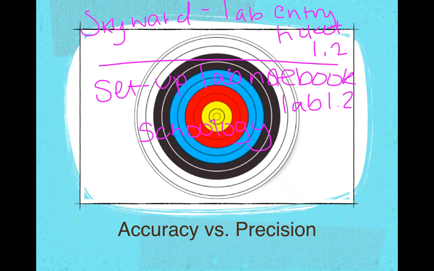And make sure to remember that you can use your lab to help you with that lab entry ticket. Please don't guess on the answers. Make sure you have that lab right in front of you as you are doing the questions on Skyward. If you have any questions, let me know. I am here to help you. And that is notes for the day.